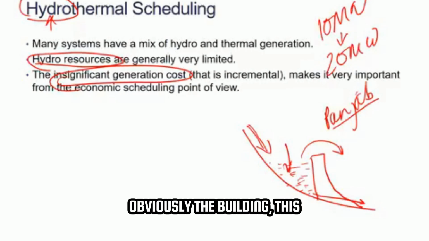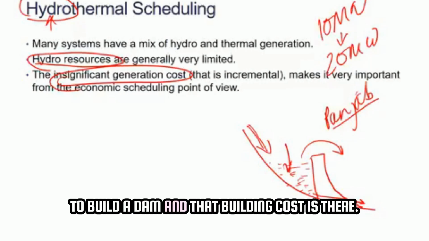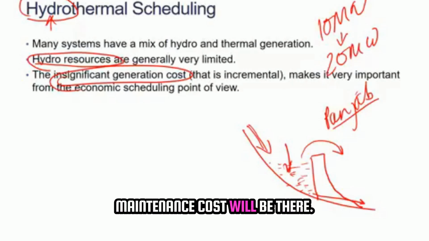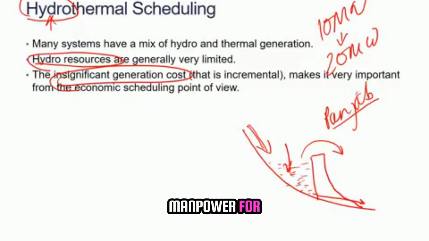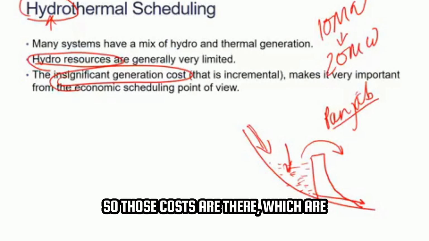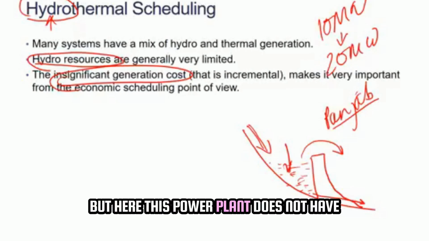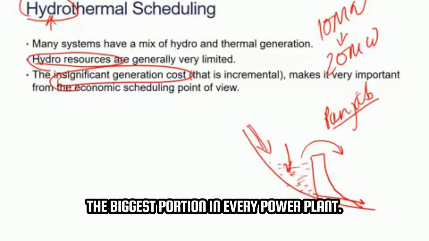Obviously, building this dam takes a lot of time. Generally, it takes around 10 years to build a dam, and that building cost is there. Also, on day-to-day activity some maintenance cost will be there, and because you will be employing some manpower for maintenance of that power plant. Those costs are there for any power plant per se. But this power plant does not have any raw material cost, which is the biggest portion in every power plant.